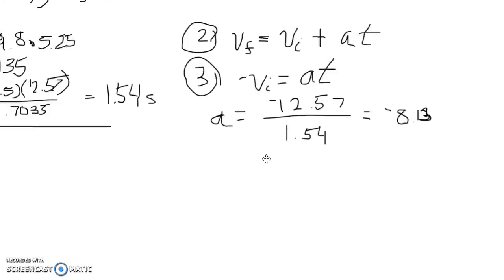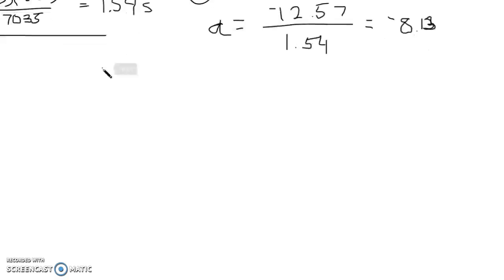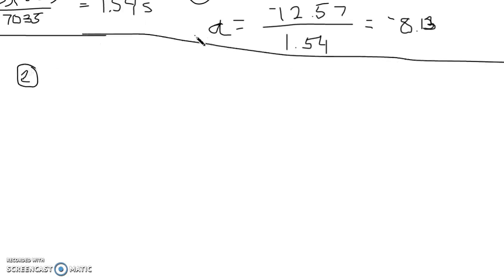Okay, so we can use this and some more information. I think the 12.57 number to figure out the distance, which is what we were looking for in the first place. So let's see. We have distance equals, I think, initial velocity times time plus 1/2 at squared. So let's see.